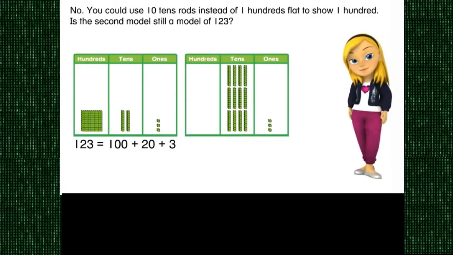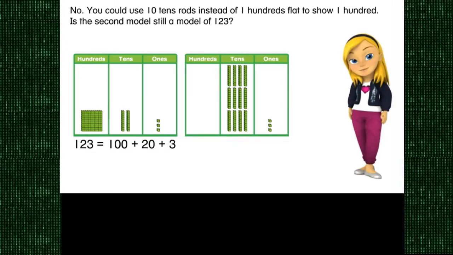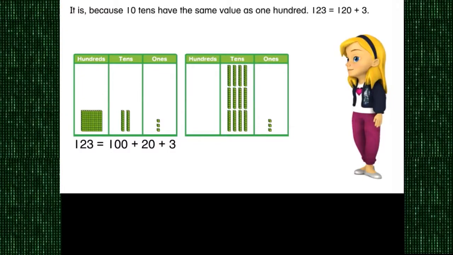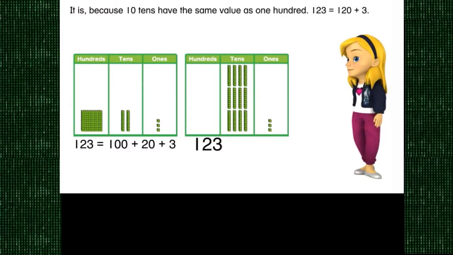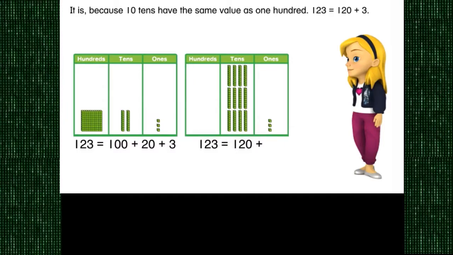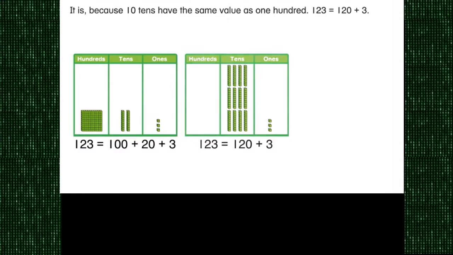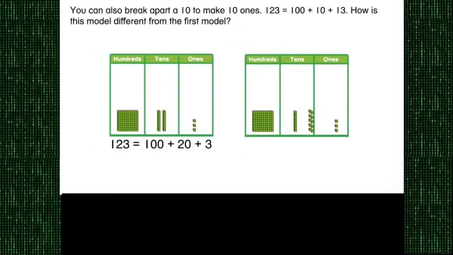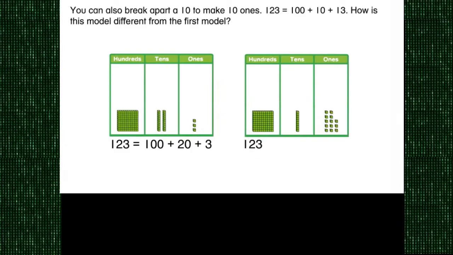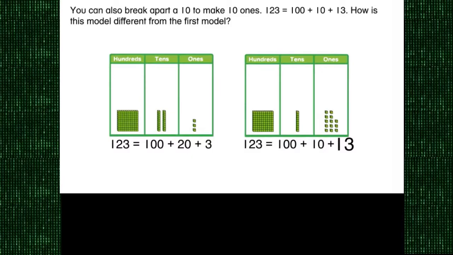You can break apart the 100 to make 10 tens. Is the second model still a model of 123? It is, because 10 tens have the same value as 100. 123 equals 120 plus 3. You can also break apart a 10 to make 10 ones. 123 equals 100 plus 10 plus 13.